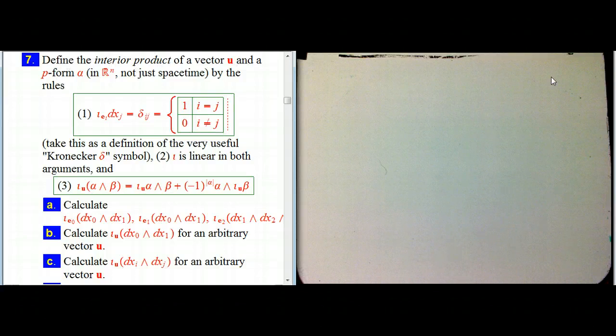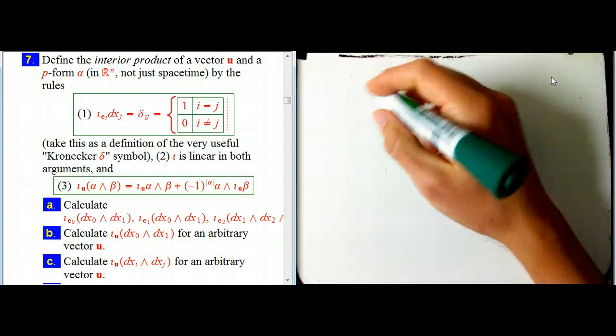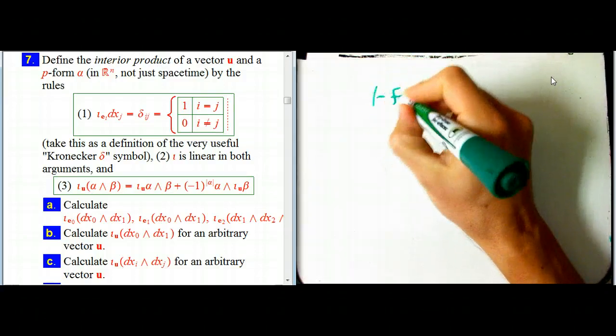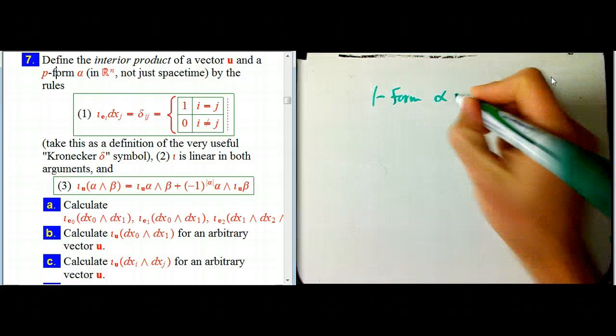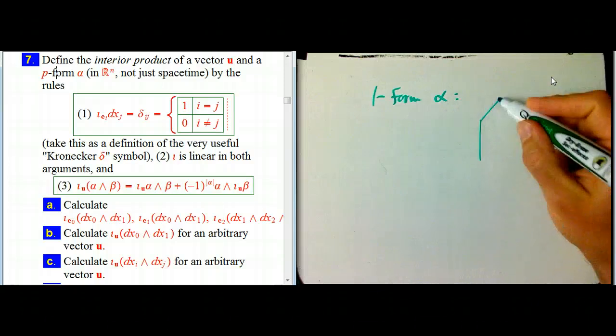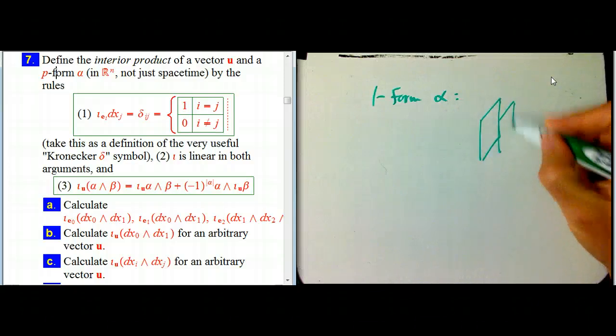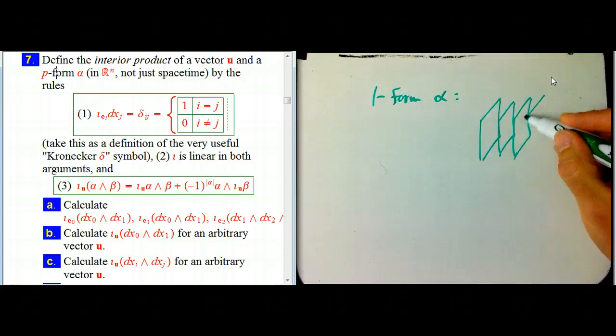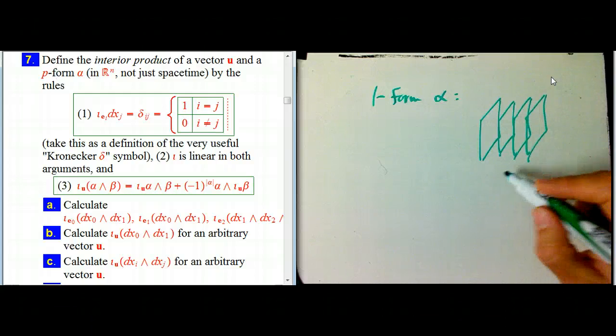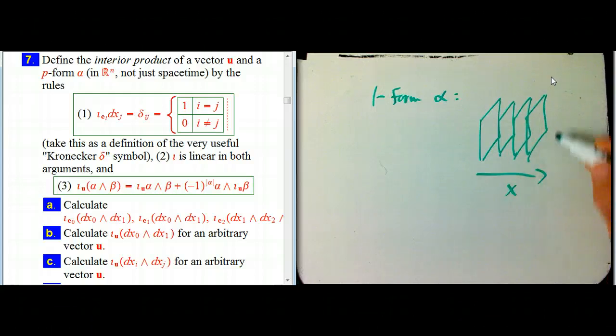Okay, so over here, I'm going to remind you that if I have a one-form, alpha, remember the picture of that, maybe in 3 dimensions, was these stacks, like parallel sheets. So if this is the x direction, then this is a picture of alpha equals dx.